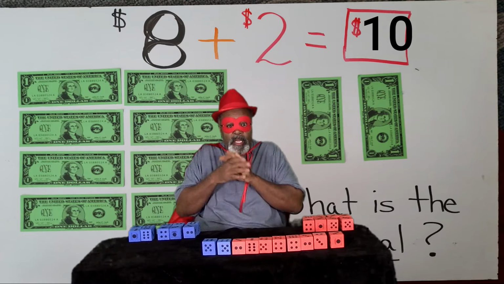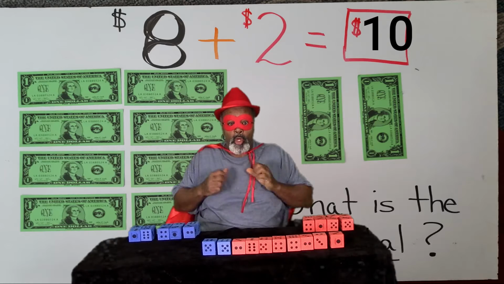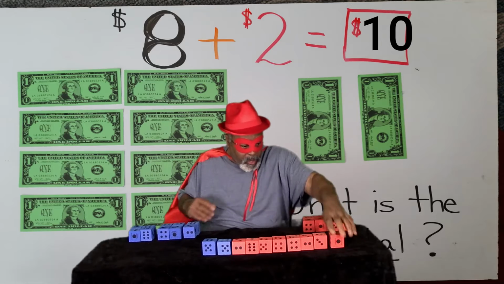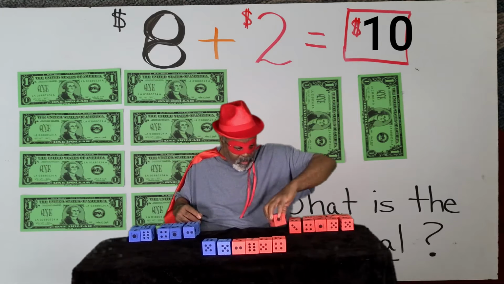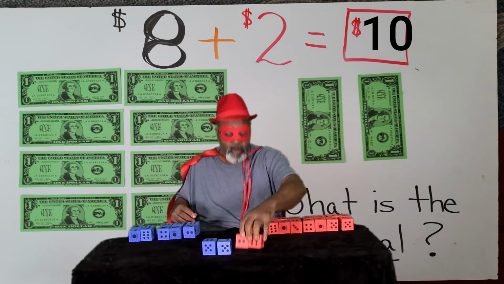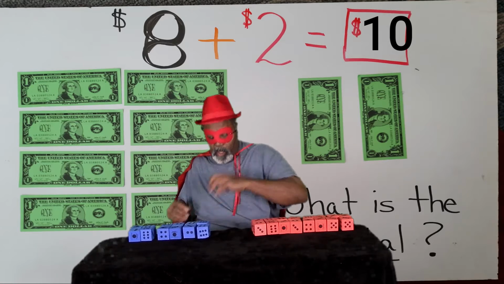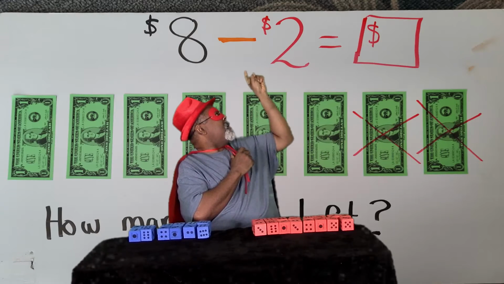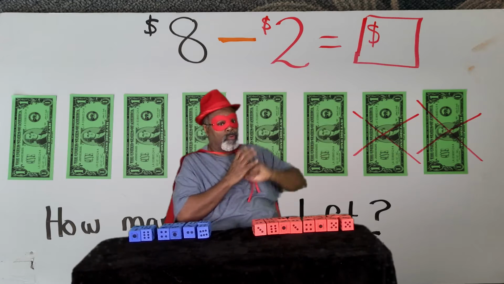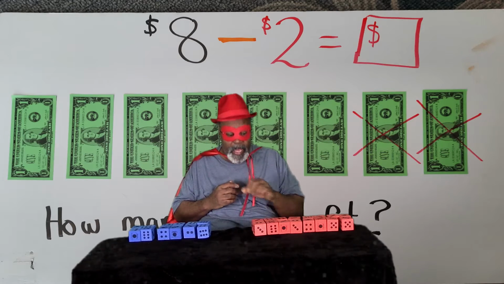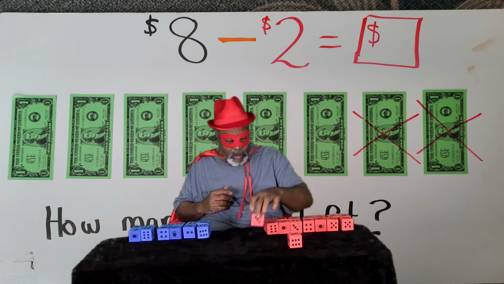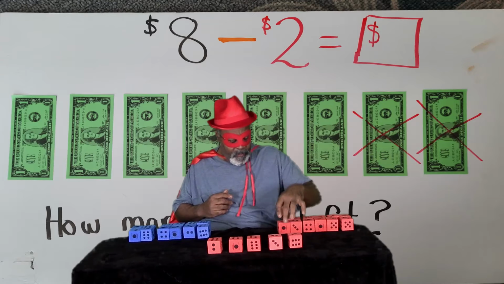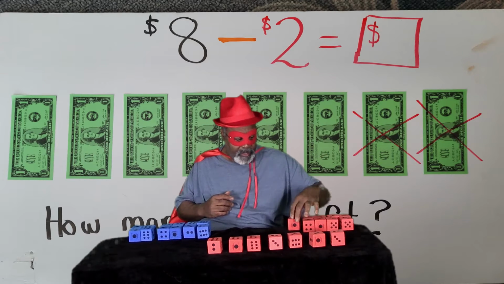Now, let's see how to subtract using the same two numbers, 8 and 2. So we're going to put our stuff back because now we're getting ready for subtraction. Our next problem is 8 minus 2. So now we're going to count 8 dice. 1, 2, 3, 4, 5, 6, 7, 8.